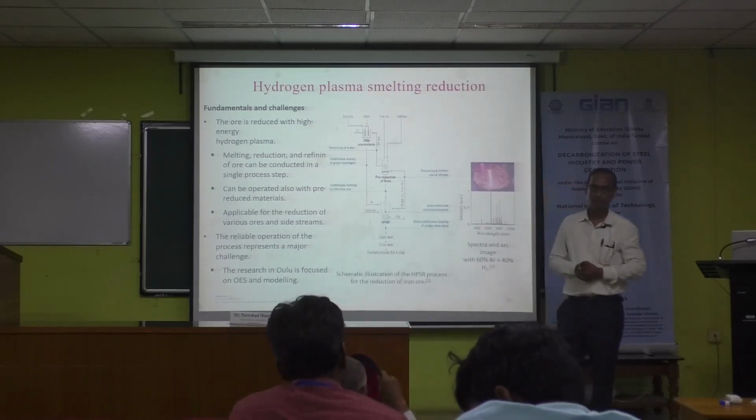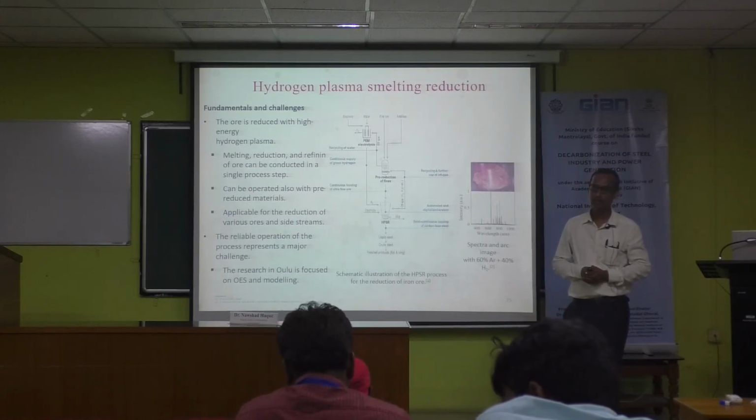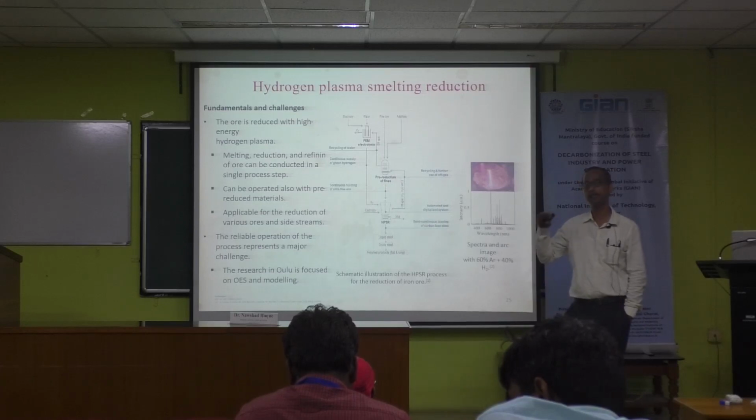In the case of non-transferred, the disadvantage is actually about 65% heat utilization. But heat utilization is more in the case of transferred. But transferred has another disadvantage. For impurities removal, it is better.